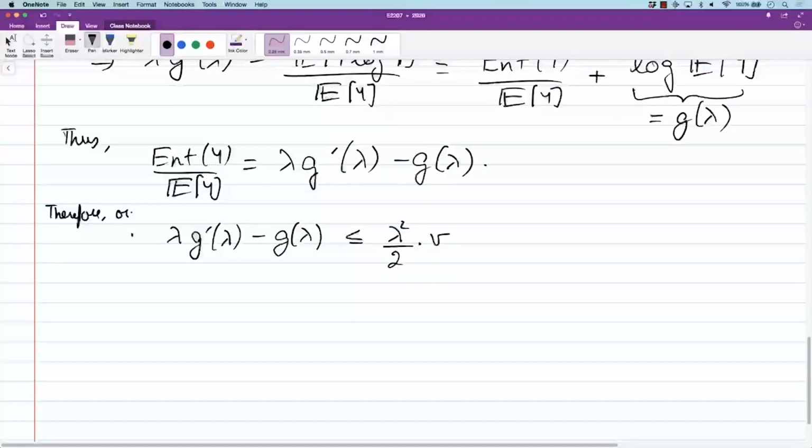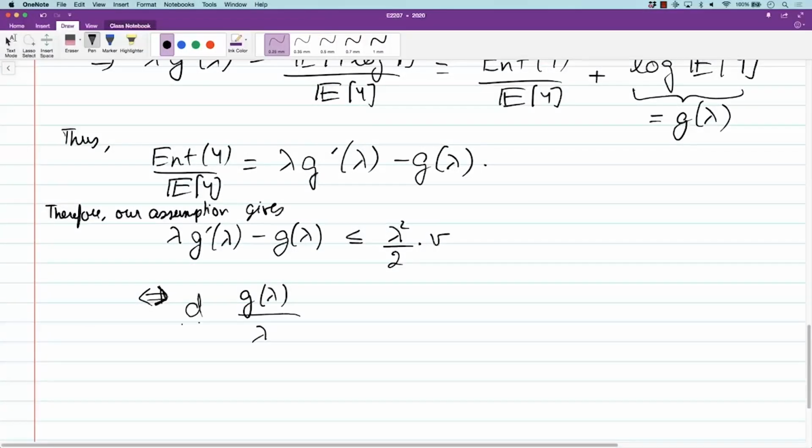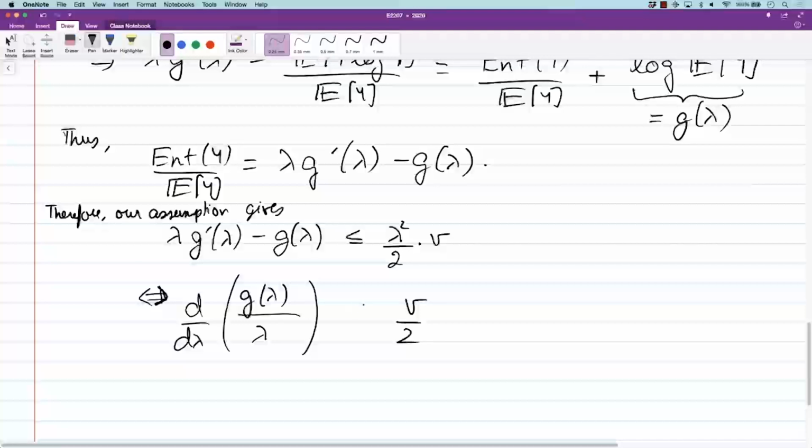We divide by lambda square and rearrange terms, and this can be seen to mean the following. Take the function g lambda by lambda and take its derivative with respect to lambda. The derivative is g prime lambda by lambda minus g lambda by lambda square. This derivative is less than or equal to v by 2. These two statements are equivalent.